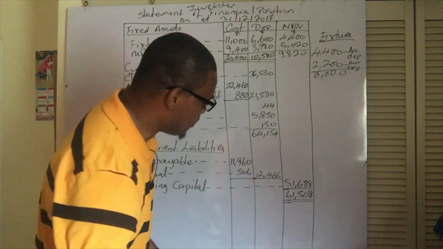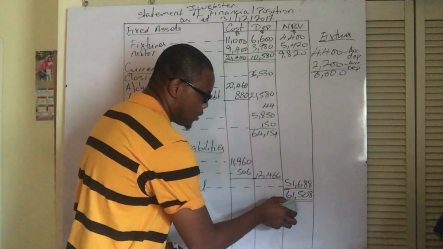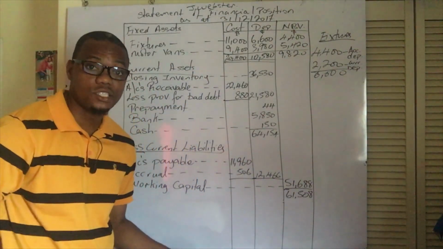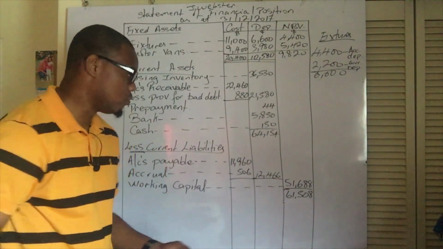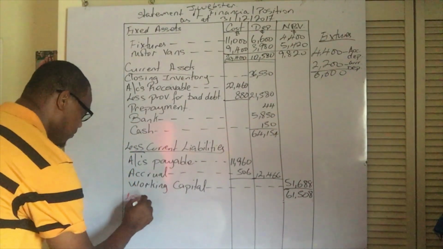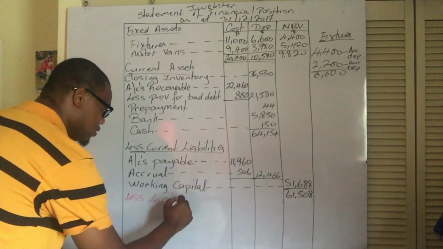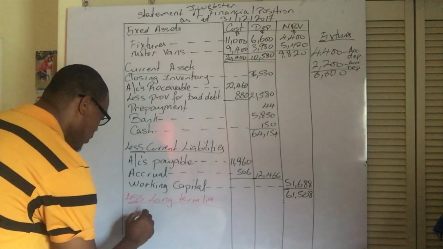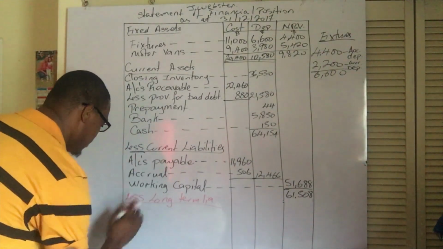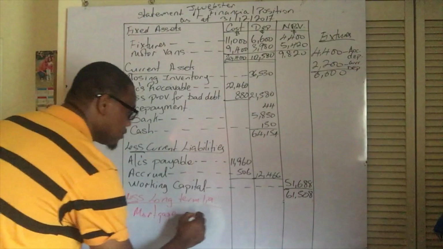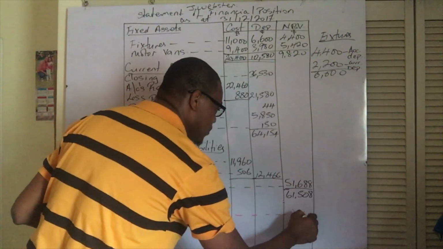If you have a long-term liability, because they might give you one in the exam, a long-term liability would be a long-term loan. Long-term loan would be like mortgage. So if you have a long-term loan, you would have another heading that says less long-term liability. Boom. I will put the loan there. Or let me just use the term they might give in the exam. They might say mortgage. So the mortgage would come here.